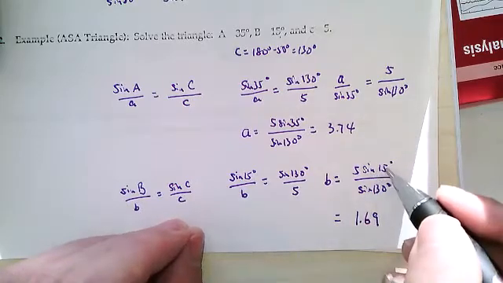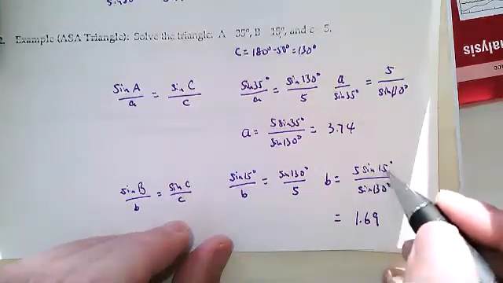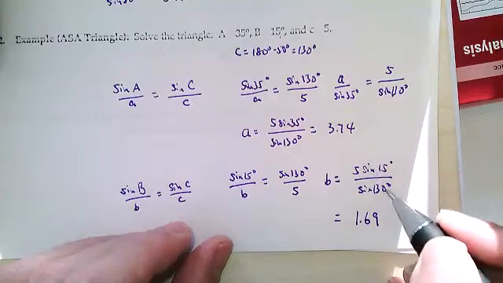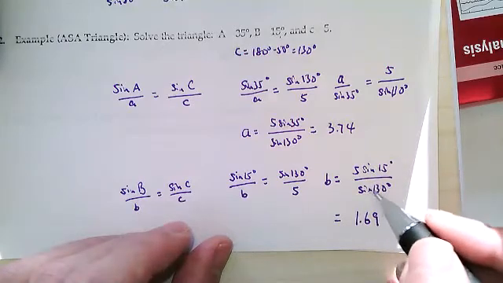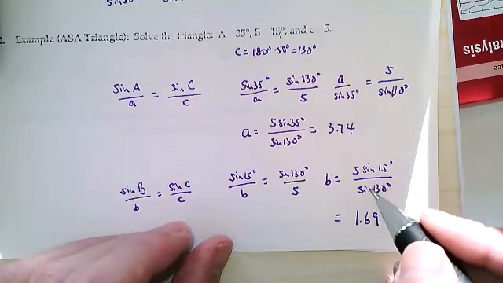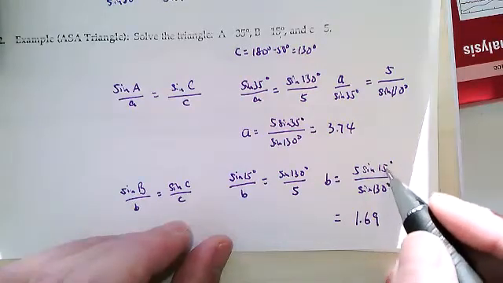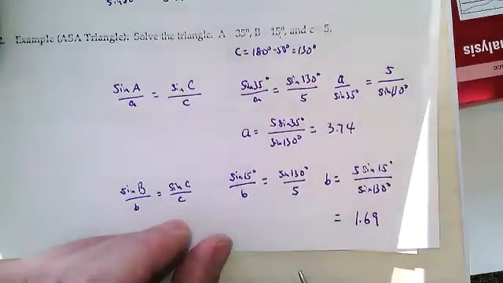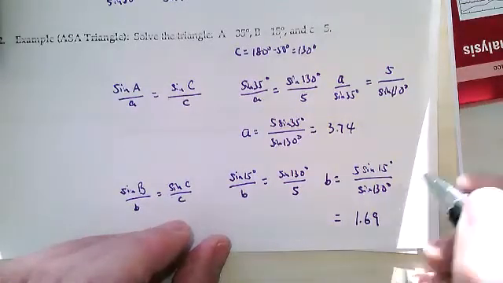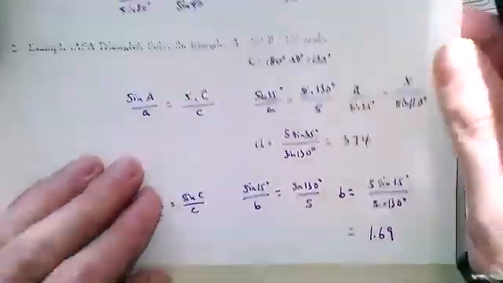Because this is in the first quadrant, so it's positive, right? Mhm. This is in the second quadrant, so it's still positive, right? Yeah. So if you get a negative number, there must be something wrong with your input. Okay, I'll take a look at my calculator then. No problem, take your time. Thank you.